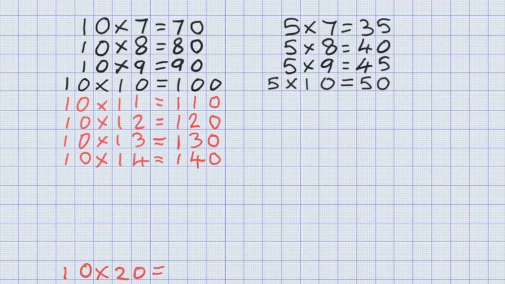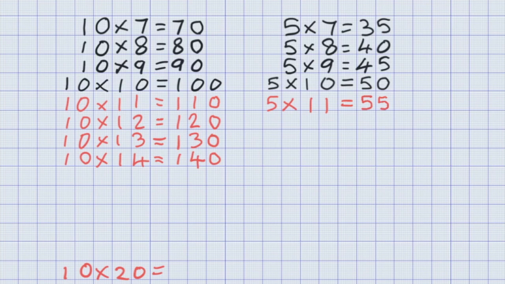And you're also going to fill out the 5 times table. So 5 times 11 will be half of 110. Okay. And we know that that's going to be 55.